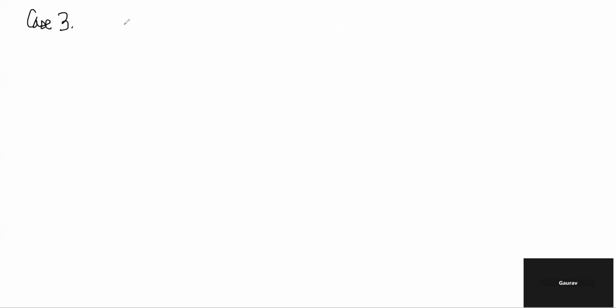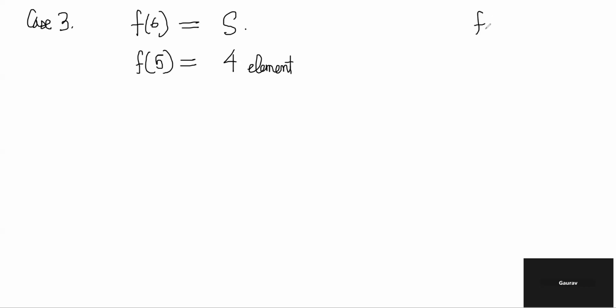So case 3 is f of 6, let's take, is S itself, right? But f of 5, we will take f of 5 as 4-element. Remember, in case 2, we took f of 6 as 5-element and f of 5 as 4-element and so on, right? But here we are taking f of 6 as 6-element.